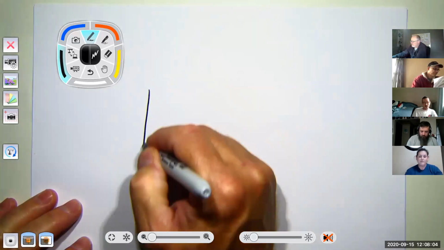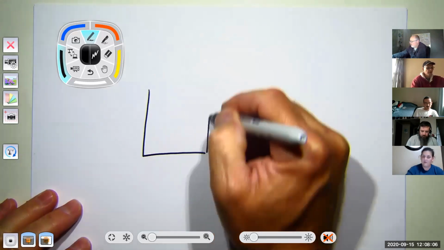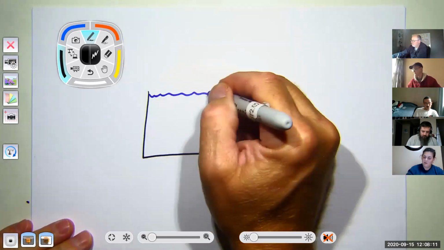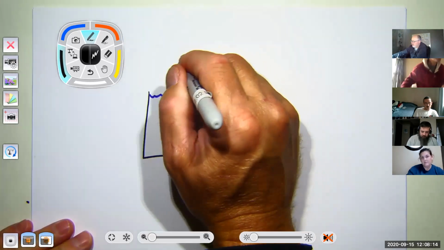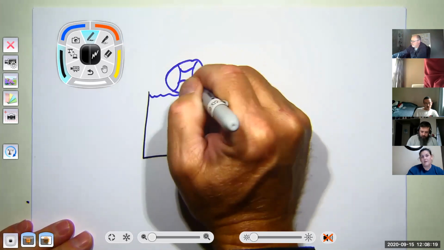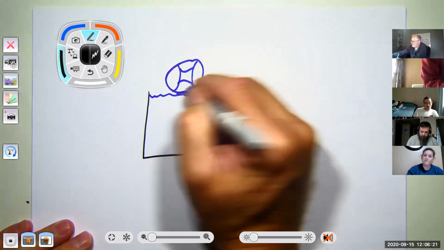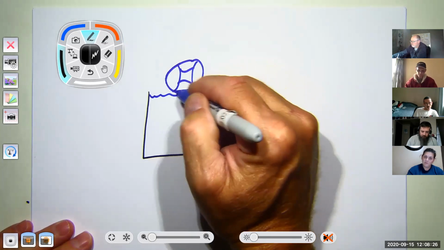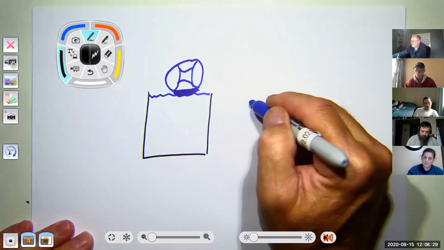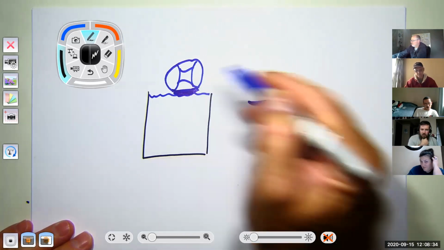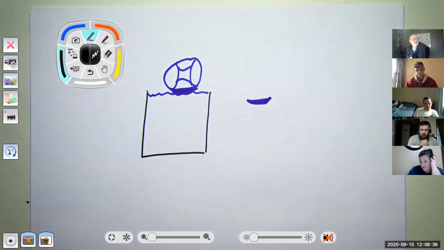So if I had a container of water, right? So an object that floats, okay, I'm going to use my beach ball example. An object that floats when it's placed in the water and it's floating, it's going to displace this much liquid. That's how much liquid that particular object that's floating is displacing.